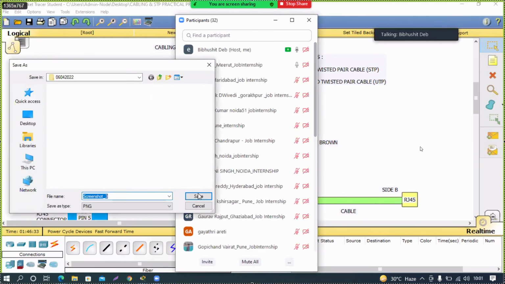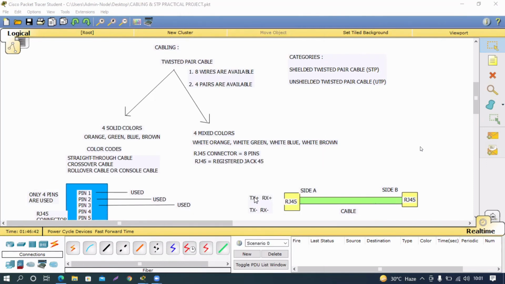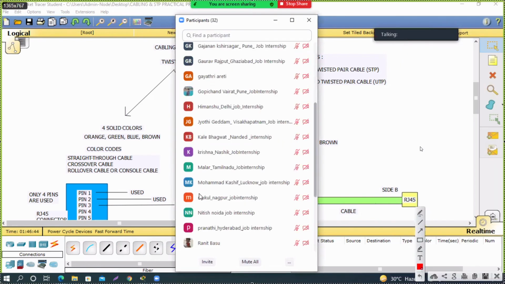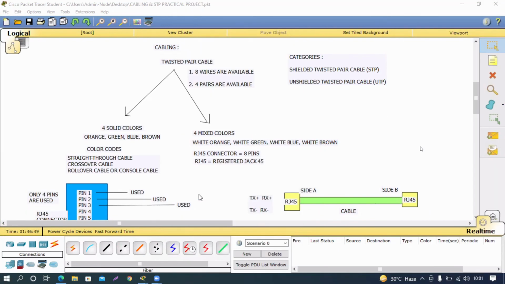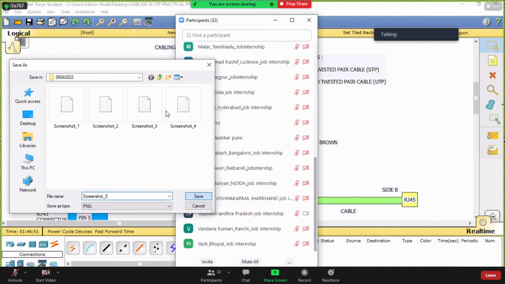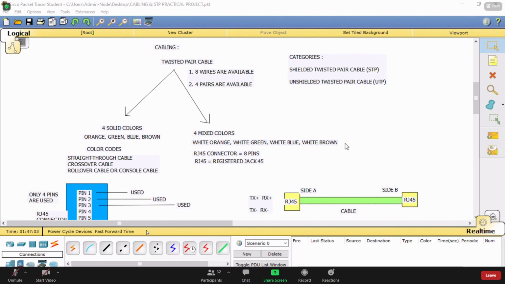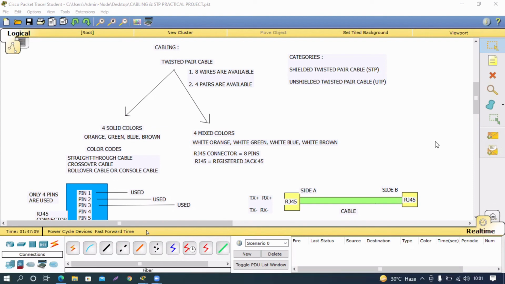Just hold on, everyone. Let me take the screenshots. Okay, all of you, for all these projects and technologies that we have done and you have learned, make sure that you practice for at least 30 minutes.